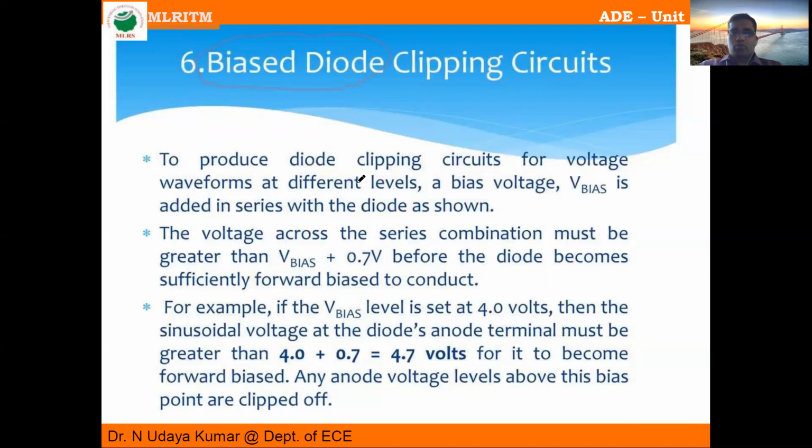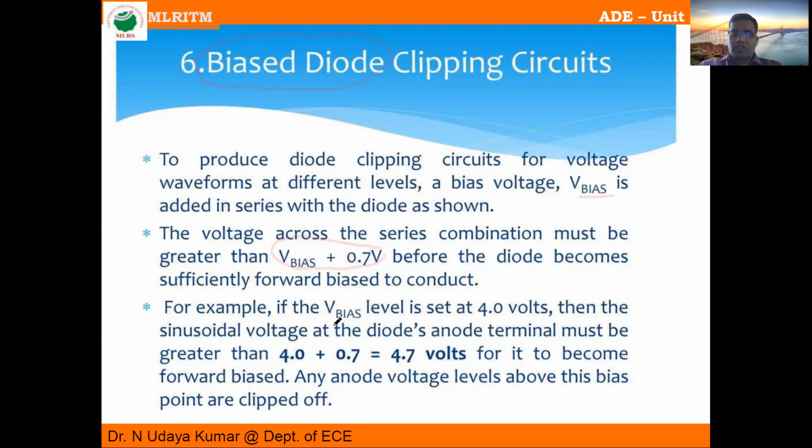To produce a diode clipping circuit for a voltage waveform at different levels, a bias voltage V bias is added in series with the diode. The voltage across the series combination must be greater than V bias plus 0.7 volts before the diode becomes sufficiently forward biased to conduct.